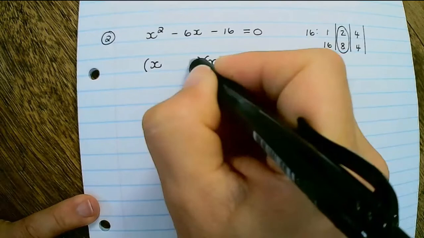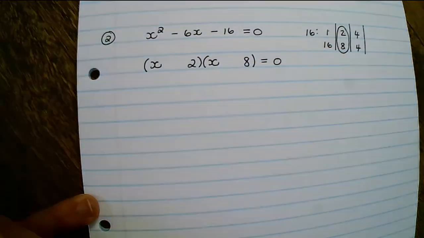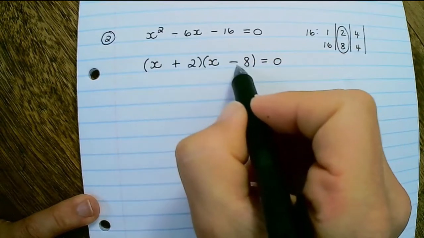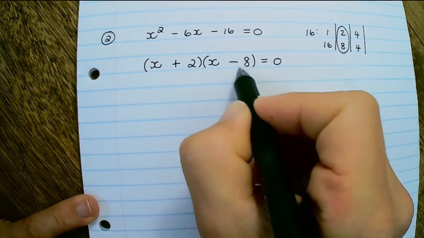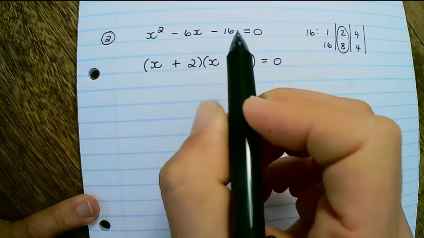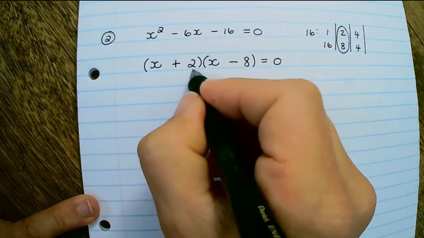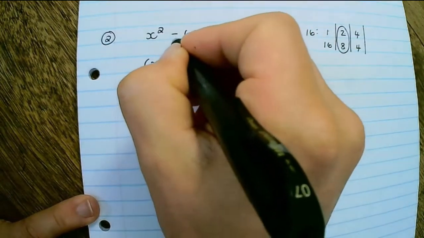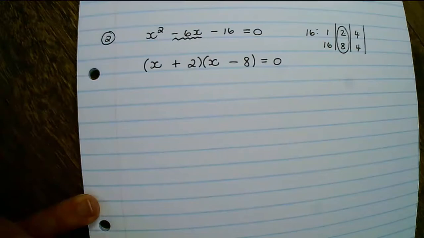So the values that I will use in my brackets are 8 and 2, and I want to create negative 6. So the 8 would be negative 8, and the 2 will be positive 2. And if I test, it is 2x minus 8x, which will give me the middle term of negative 6x.